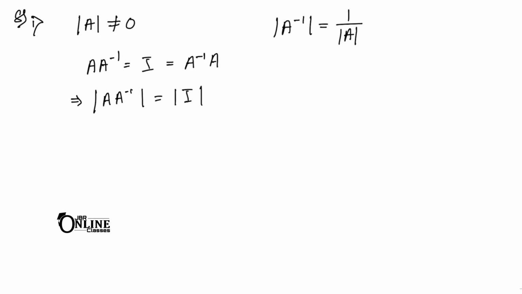So now here you can write det A times det A inverse, and that one will be also 1, because the determinant of the identity matrix is also 1. Okay, always 1. So now here you can write det A inverse equals 1 by det A and it's proved.